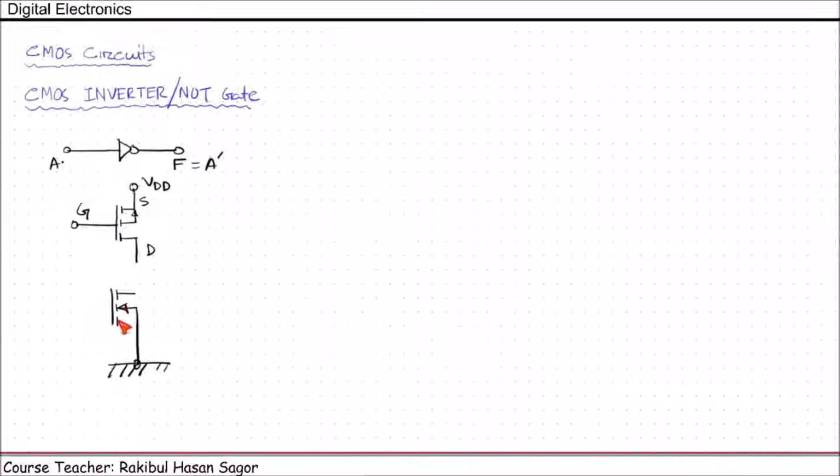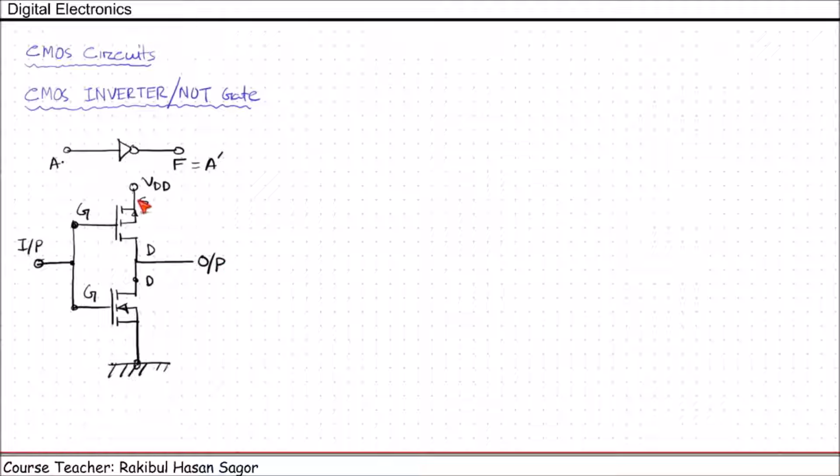This is the source, and this drain will be connected with the drain of the PMOS, and this is the gate. Now we'll short the gates. This is our input, and the output will be taken from here.